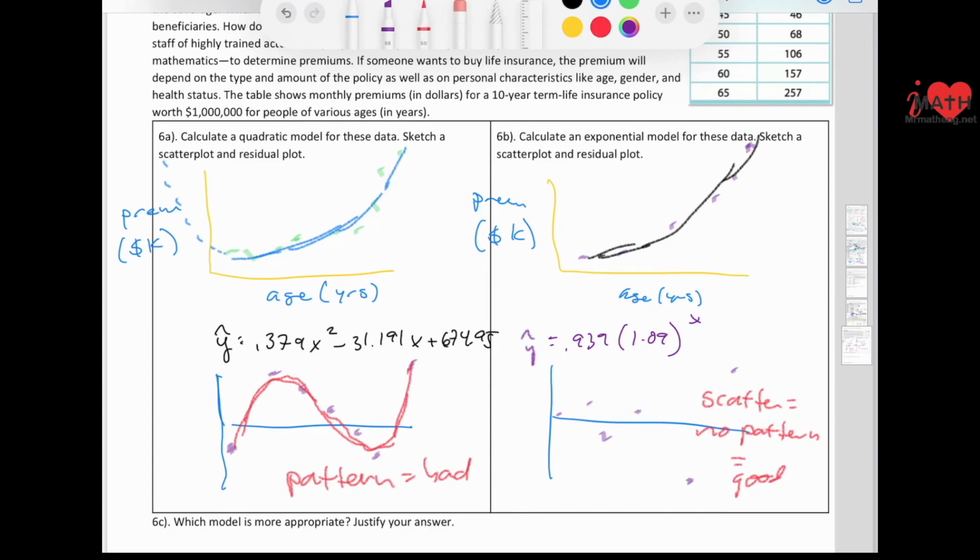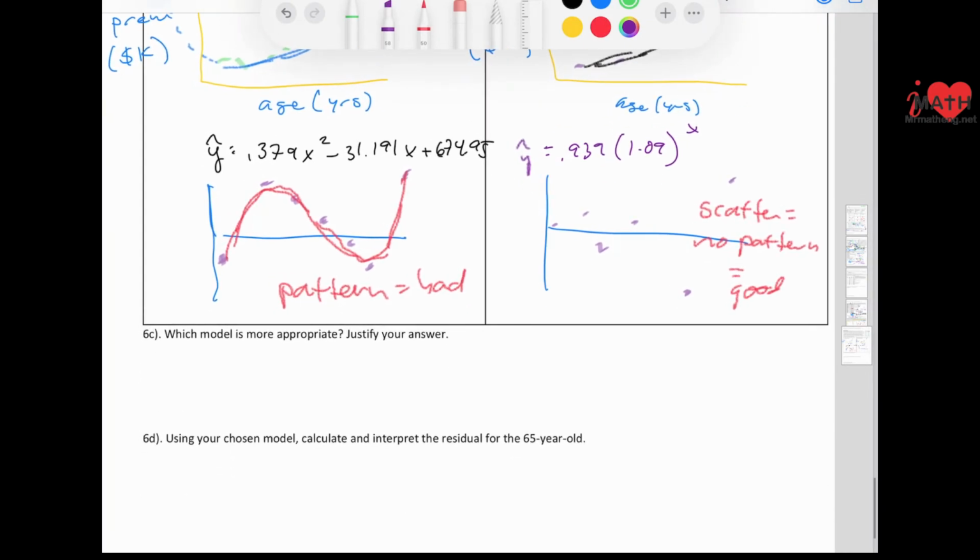So let's write that. Which model is more appropriate?